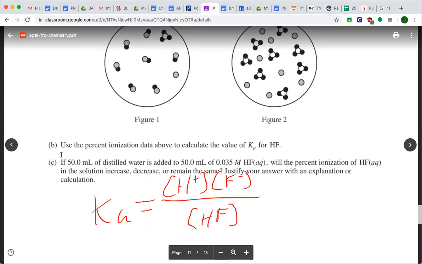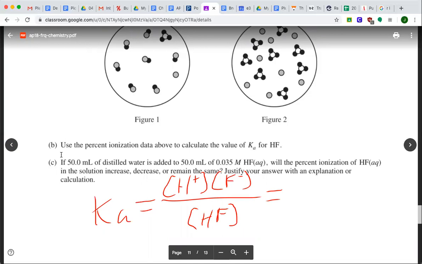And so what you're doing in this case is diluting everything by half. Essentially you could just do the calculation. That might be the easiest thing, right?